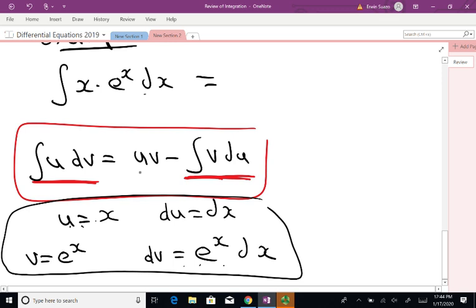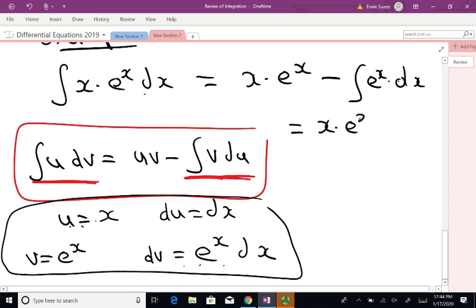So u times v is x times e to the x, minus the integral of v du. So v is this guy, du is dx. So my answer is x times e to the x minus e to the x plus a constant.